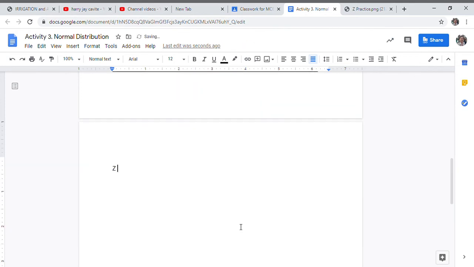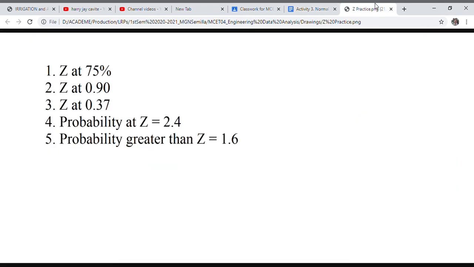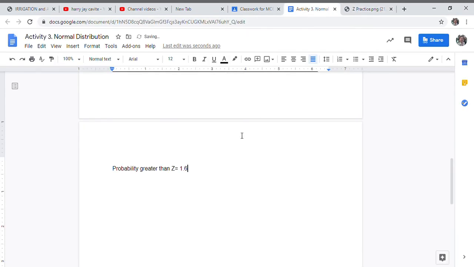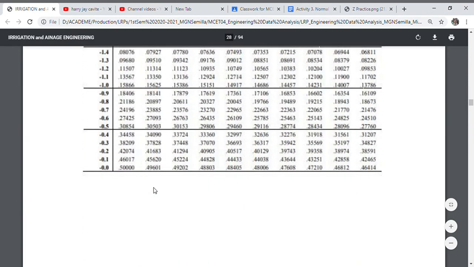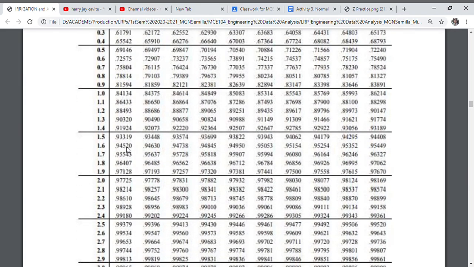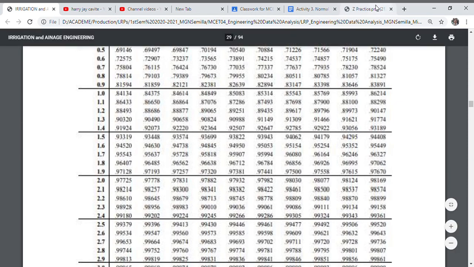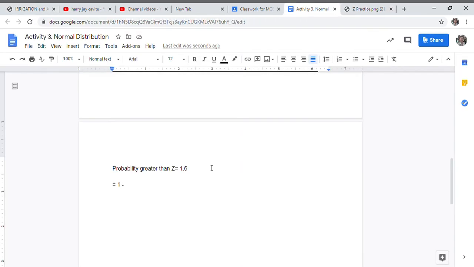So the probability greater than Z, once again with our given 1.6, is equal to 1 minus the probability at 1.6, which is 0.94520.